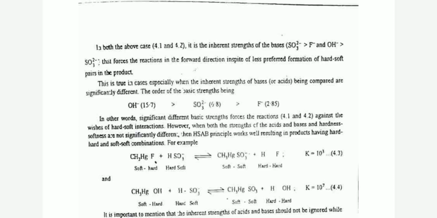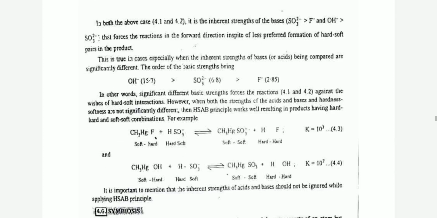In both the above cases, 4.1 and 4.2, it is the inherent strength of the bases, SO3²⁻ greater than F⁻ and OH⁻ greater than SO3²⁻, that forces the reaction in the forward direction in spite of the less preferred formation of hard-soft pairs in the product. This is true especially when the inherent strengths of the bases or acids being compared are significantly different.